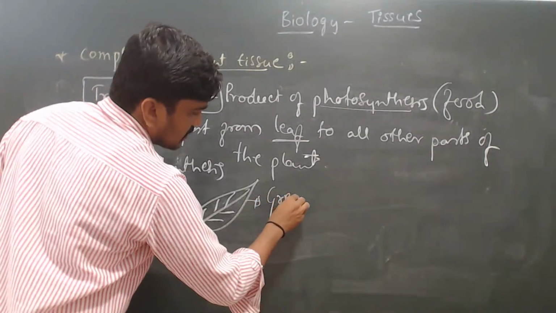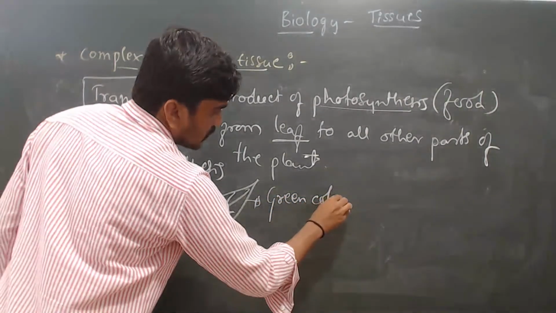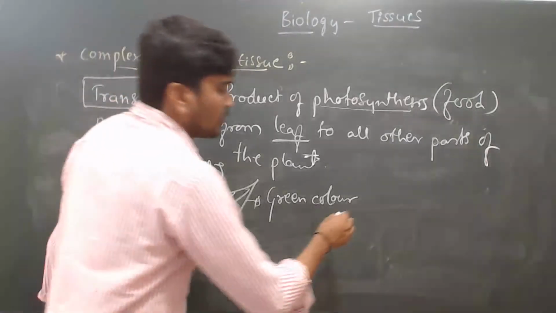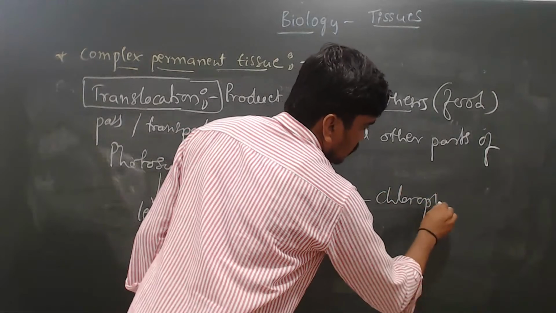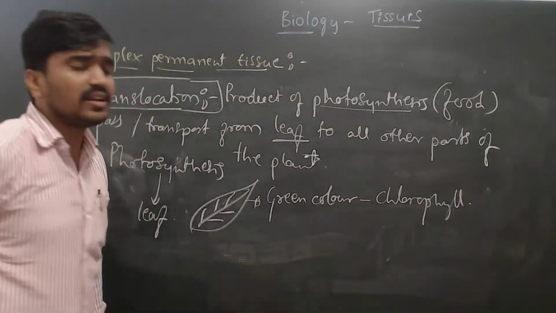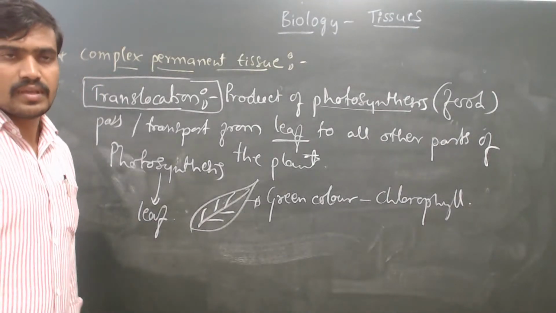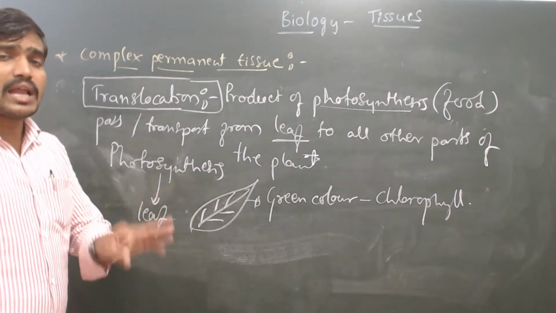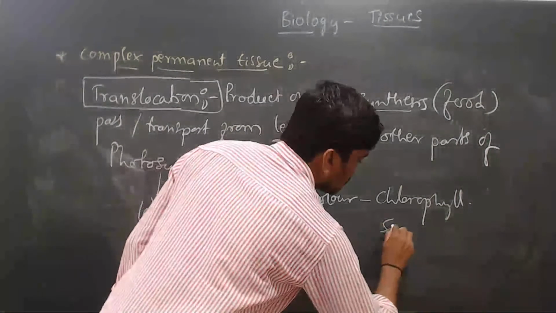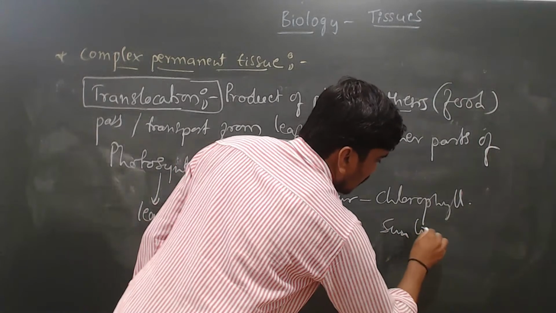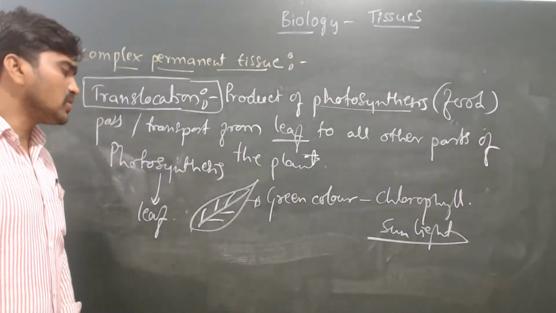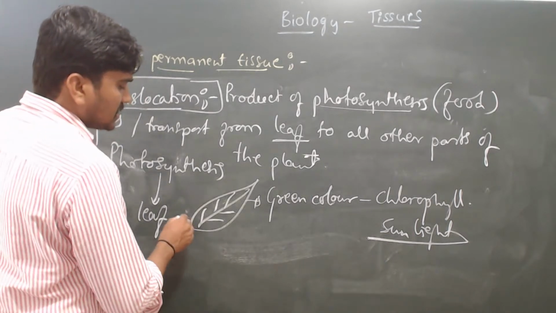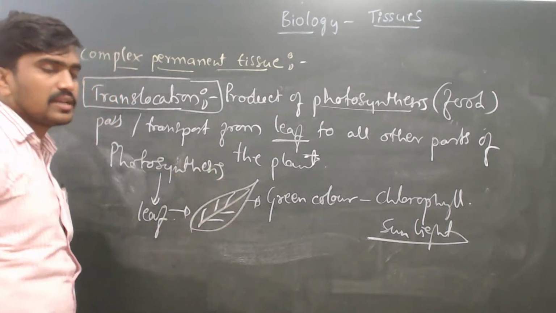It is green. Why is it green? Because of the presence of the green colored pigment chlorophyll. This chlorophyll also helps to receive sunlight. Because of that reason, photosynthesis always takes place in the leaf.